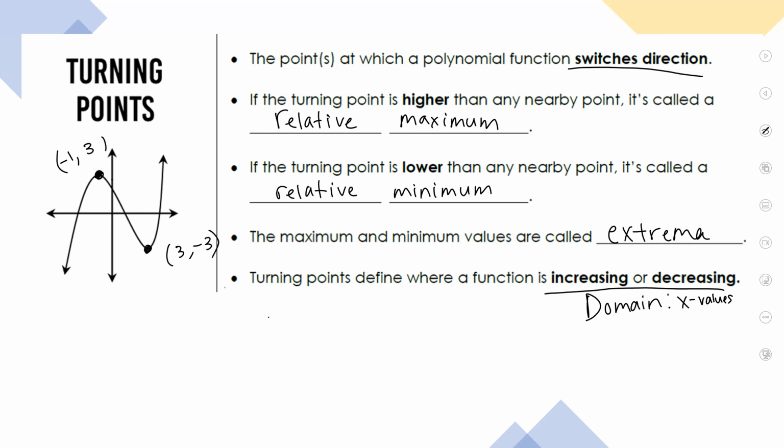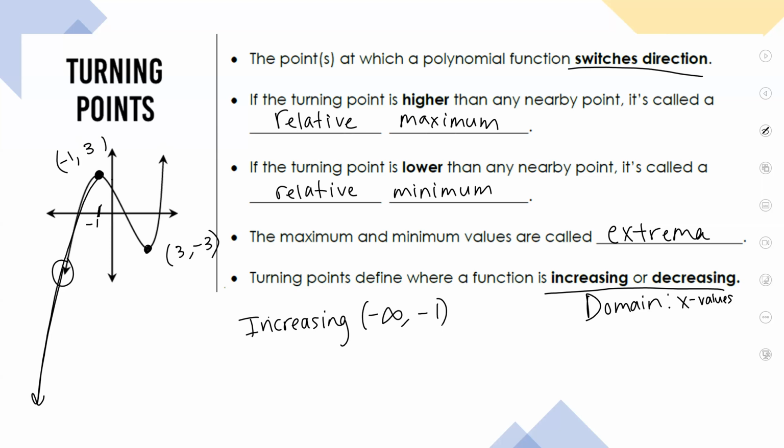Okay, so let's talk about where this function is increasing. And you need to pay attention to the domain, the x values only. We're not talking about the y values. So guys, let's look at the graph over here. Way from down here, it's increasing. And it stops increasing right here. What is the x value right here? -1. So that means it is increasing from -infinity all the way to -1, to that first turning point, okay?